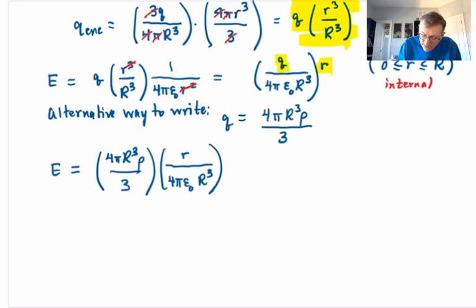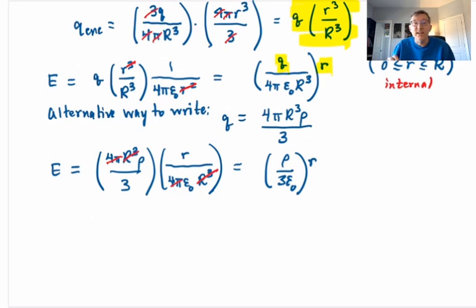And I see quite a bit of stuff cancels, and I get rho over 3 epsilon 0 times the little r that's upstairs. So that's just an alternative way you'll sometimes see the internal field formula. It's the one to use if the problem gives you the volume charge density of the solid. But if they give you the total charge of the solid, then use the one right up above.